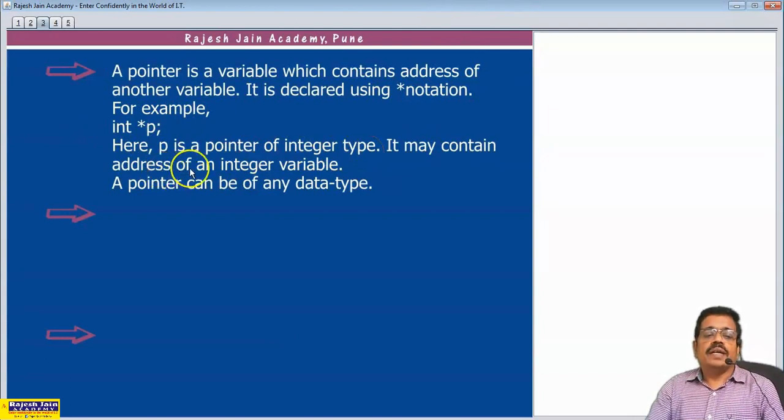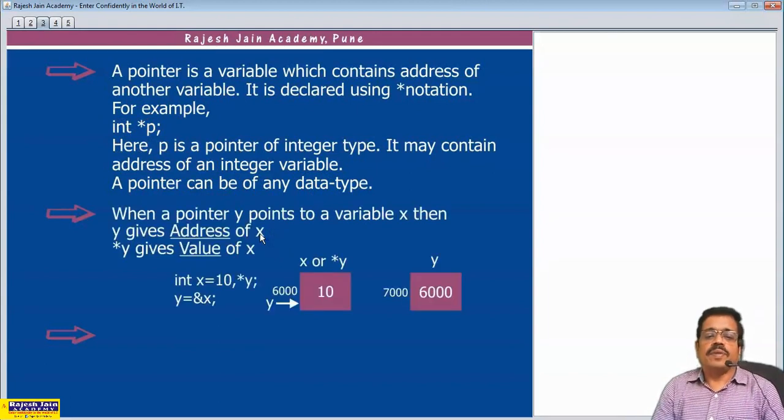It may contain the address of an integer variable. A pointer can be of any data type. We can have a character pointer, float type pointer, struct student type of pointer. Then second point, when a pointer y points to a variable x, then y gives the address of x, star y gives the value of x.